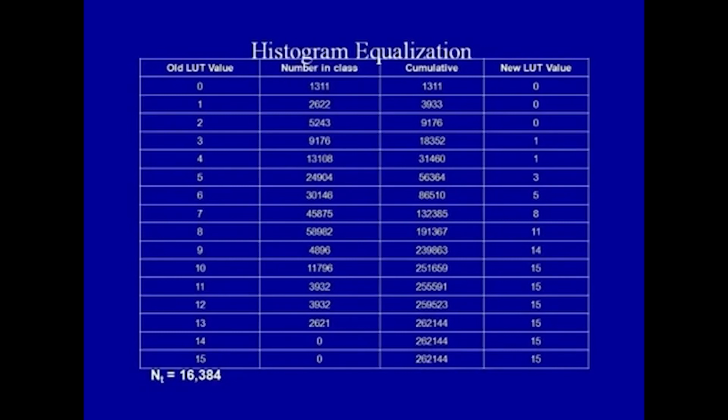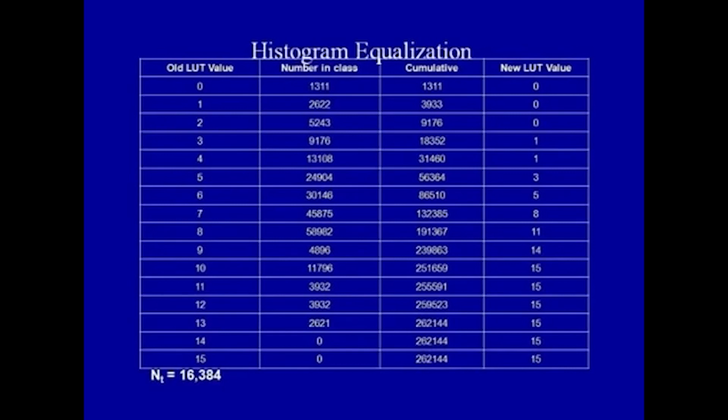And what we find is that at brightness level 3, the total cumulative frequency is 18,352, and this is greater than 16,384.